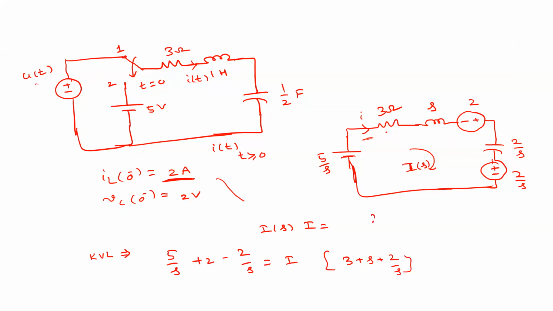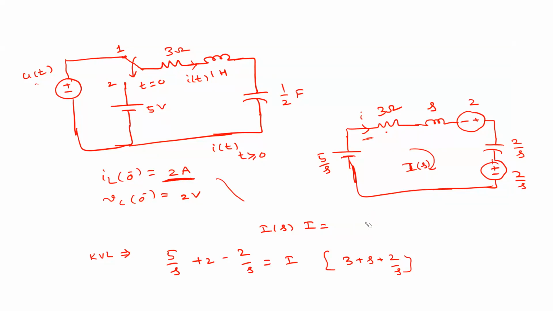So what is I here? It is 2S plus 3 upon S square plus 3S plus 2.